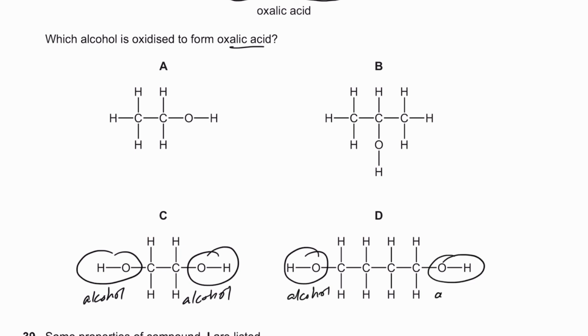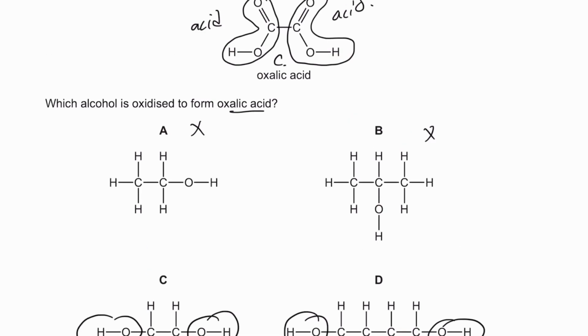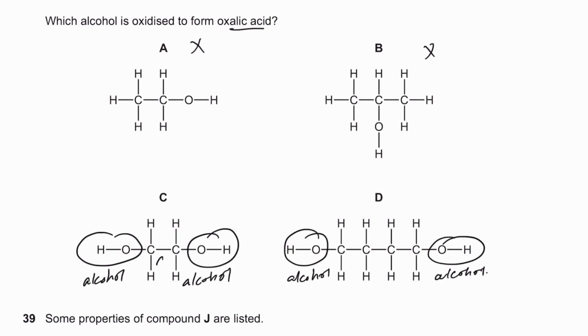So this is wrong, this is wrong. Now take a look. We have 2 carbons, C2. But over here we also have 2 carbons, but here we have 1, 2, 3, 4. We have C4, which is not possible. So the answer is going to be C.